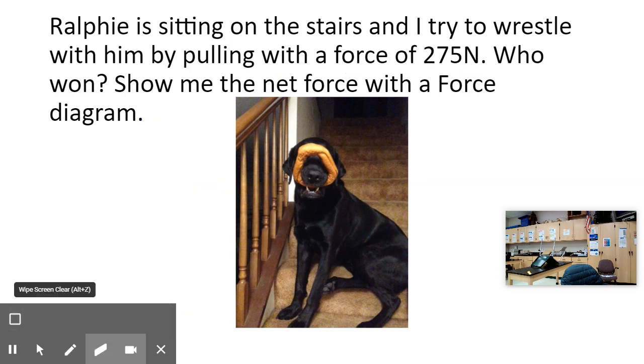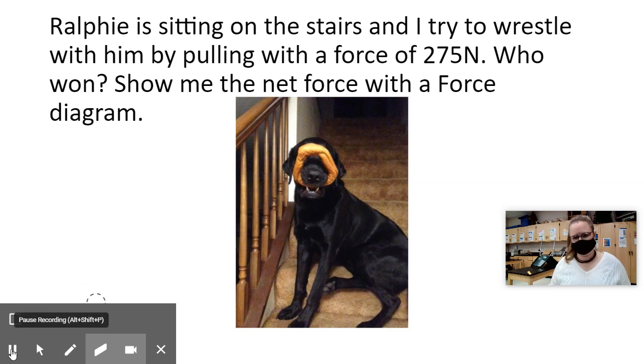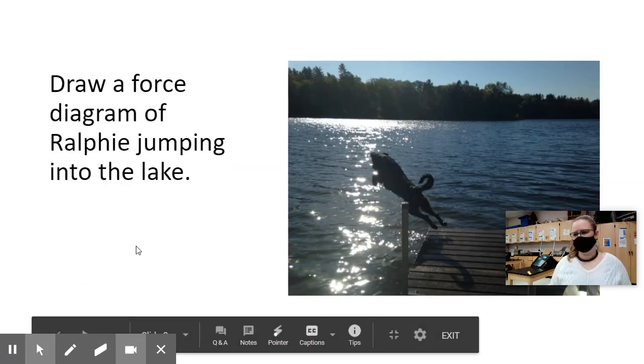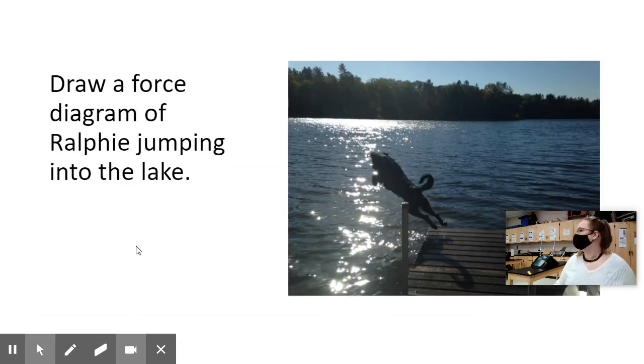Okay. And then next up is what I call the sticky wicket, because I always throw something weird at you guys. So let's try this one. This one, still Ralphie. Ralphie is jumping off of the dock.